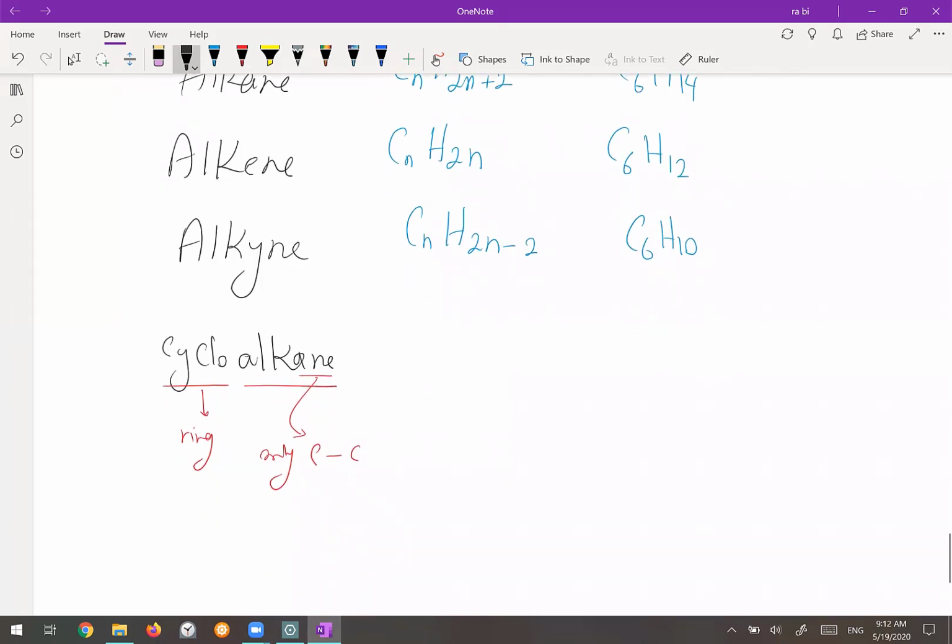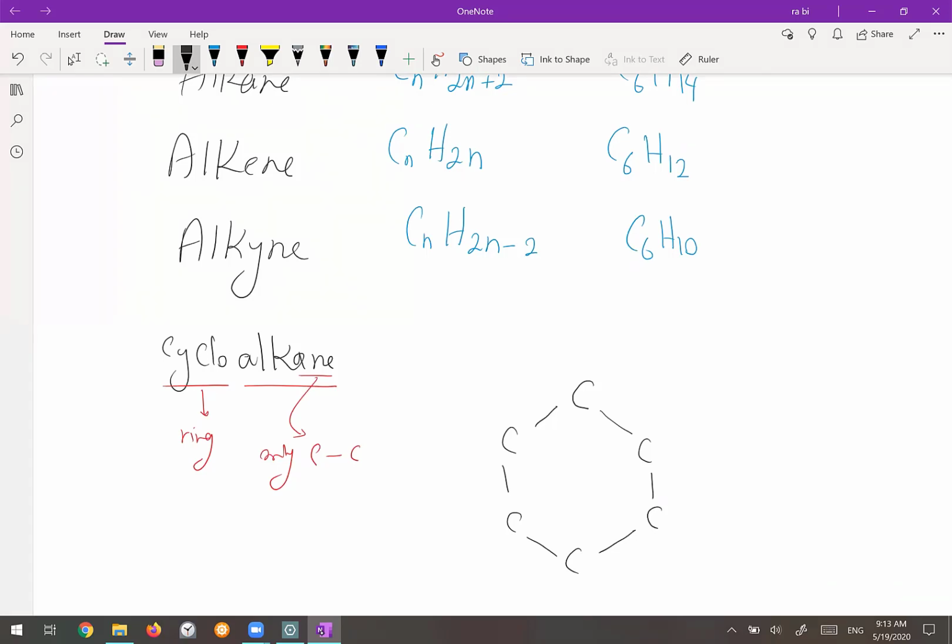Six carbons form a ring. So I showed the structure of the cyclohexane: 1, 2, 3, 4, 5, 6. So here you can see 6 carbons are joined to each other to form a ring structure. So how many hydrogen do I have to put for each carbon? 2 for each carbon.